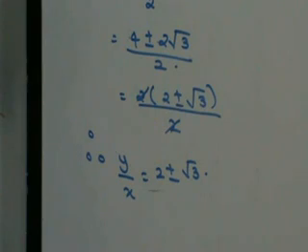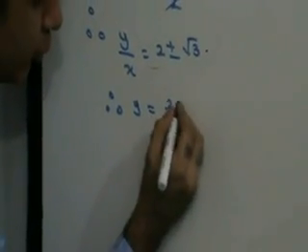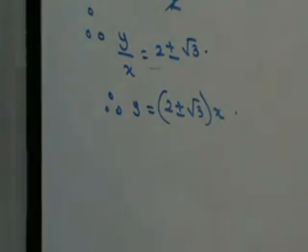If I take x on the other side, I'll get y is equal to 2 plus minus root 3 into x. This is in the form y is equal to mx, but we know that y is equal to mx represents an equation passing through the origin.